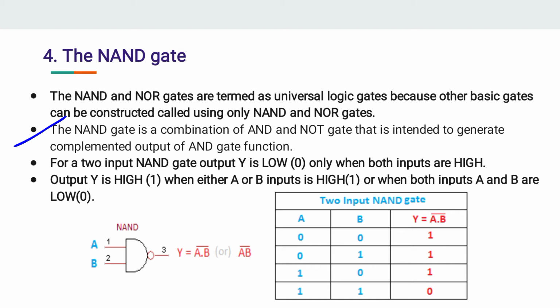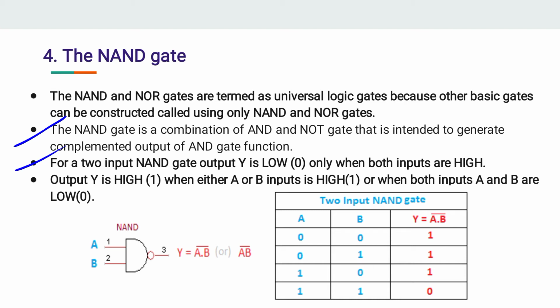So the AND gate output is inserted to the NOT gate as an input, then the output will be the complement of the AND output. Clear? So that is the third statement. The NAND gate is a combination of AND and NOT gate that is intended to generate a complemented output of the AND gate function.